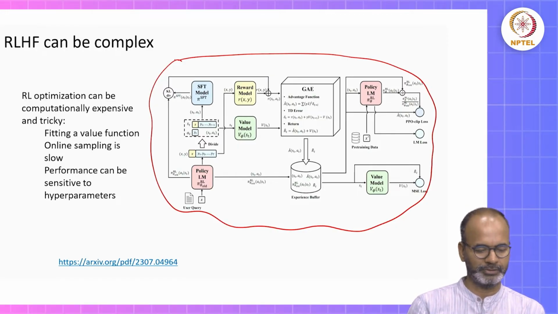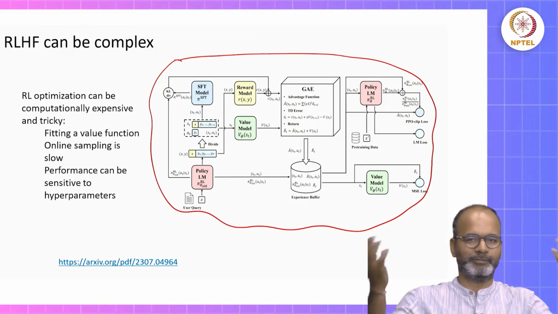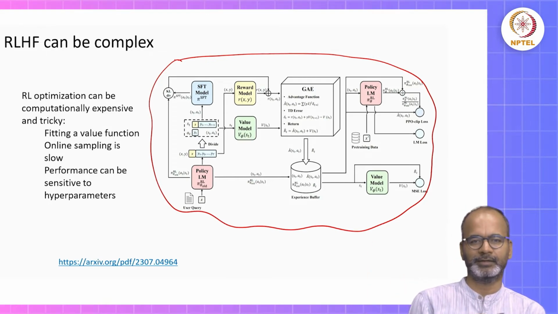Fitting a value function, online sampling, meaning finding these samples for annotations, which are the samples that we should actually use to label, is also harder. Again, think of the model that you want to generate. Let's take if you have the entire internet or entire Reddit, that kind of data, sampling may also be harder in terms of optimizing.